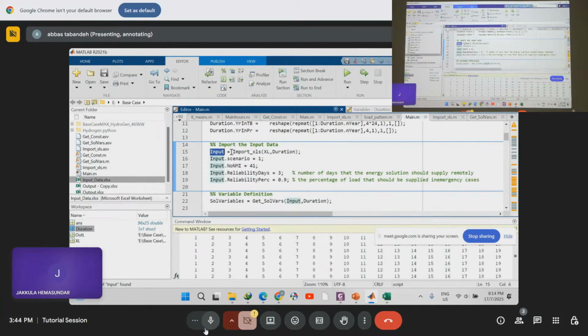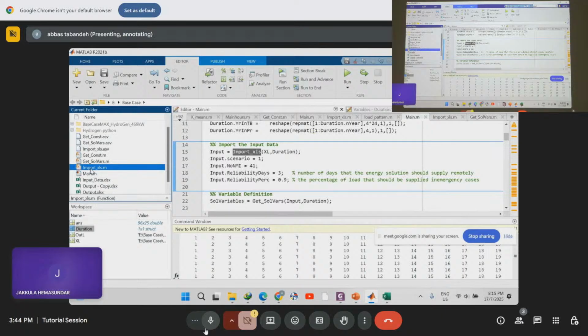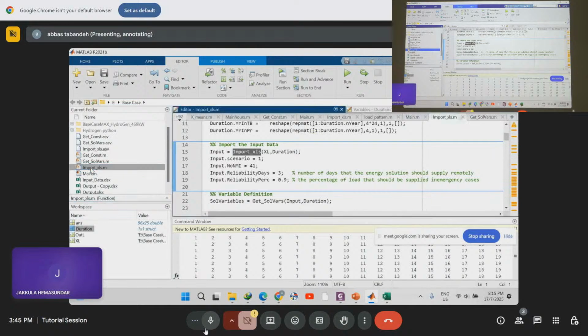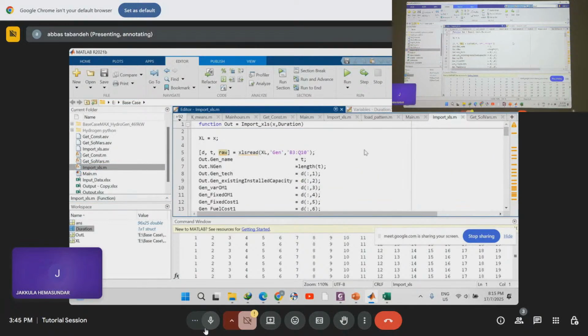So what this line does for us is that it goes to this function, which we have written in another M file. You can open it, import XLS. This is the function that we have produced.